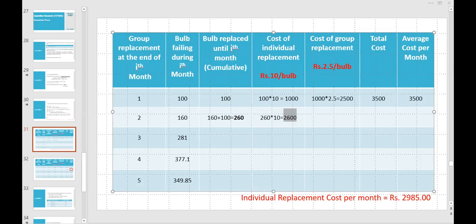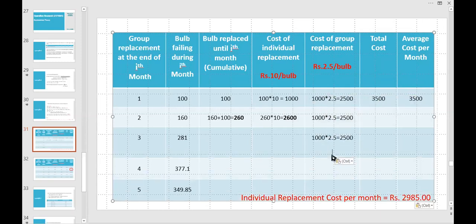Now the cost of group replacement: since we buy the new bulbs at the beginning, with quantity 1000 at a cost of 2.5, this value will remain the same for all the months.